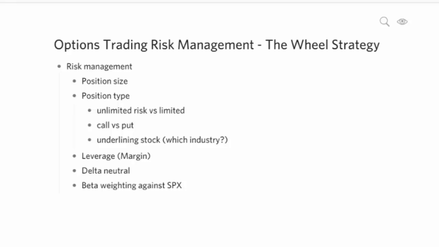But one thing to pay attention to is that if you're using margin, then you could actually go beyond the amount of cash you have in your account. So that's where you have to be very careful, and we're going to talk about that in the next section here about leverage, about margin.